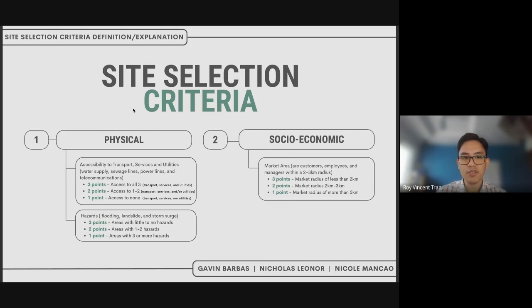So some objectives should connect to improving accessibility, mitigating hazards, and making use of the market area. This is something we'll probably need to tell all groups, if the objectives and the criteria don't align. But that's not really a major thing. It's more for the thesis. Next.